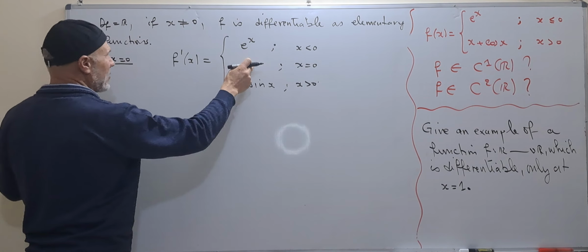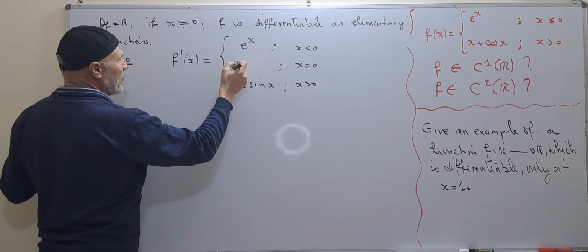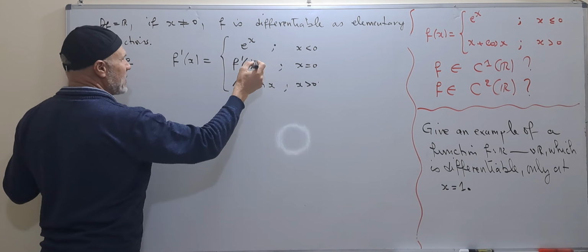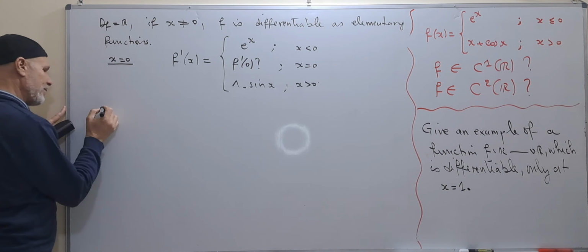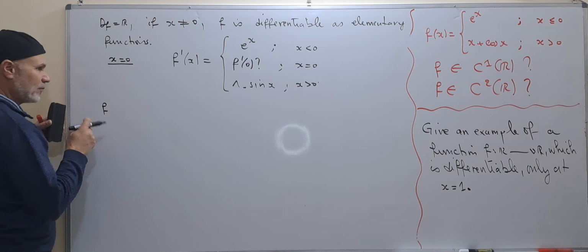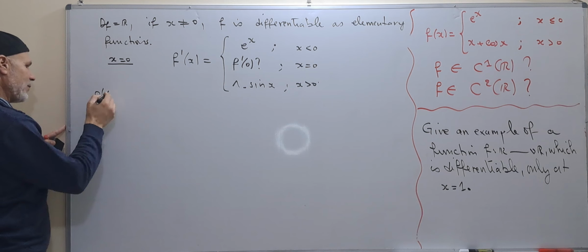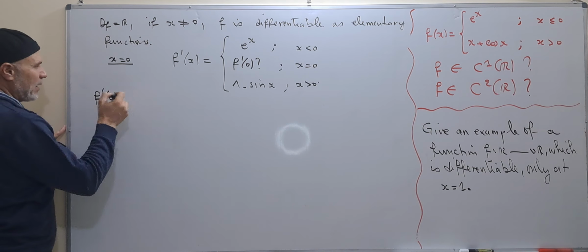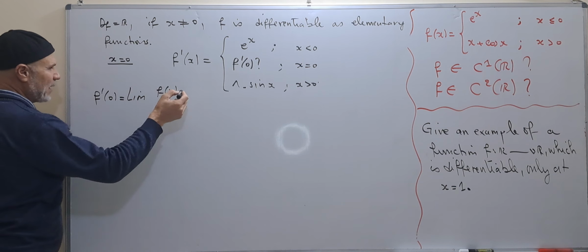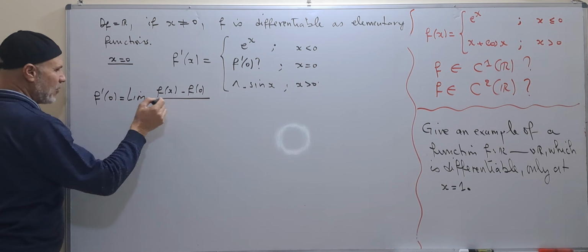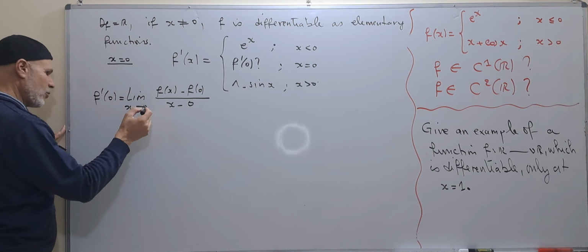What can we write here? If we can find the derivative, we will write here f prime of 0. F prime of 0 can be equal to the limit of f of x minus f of 0 over x minus 0 when x goes to 0.